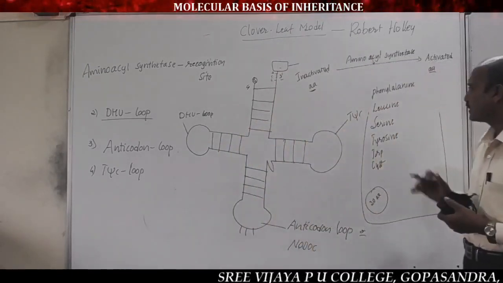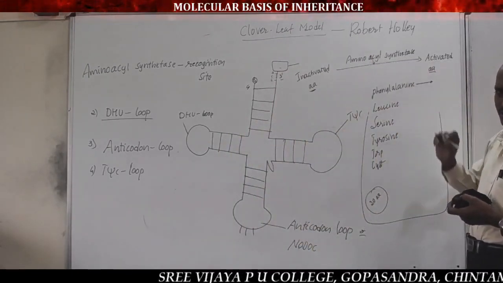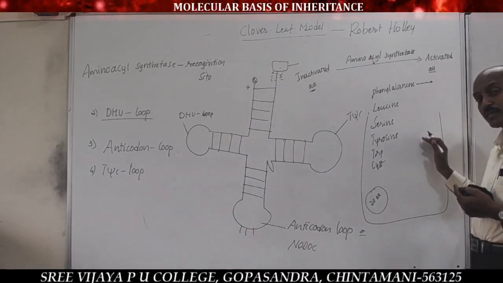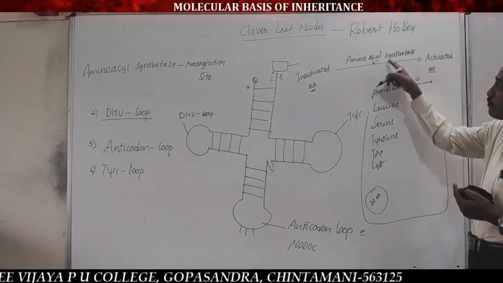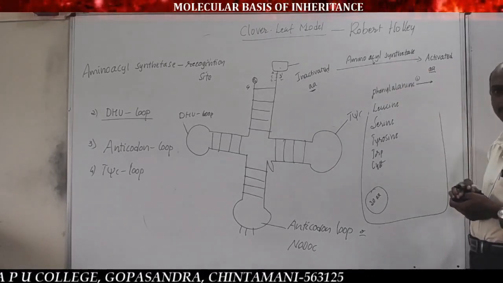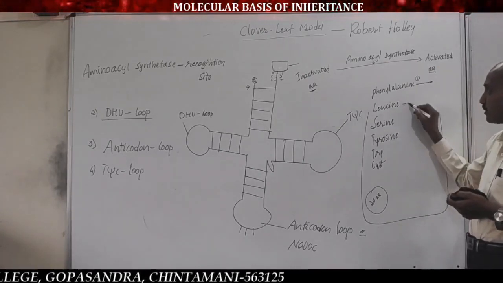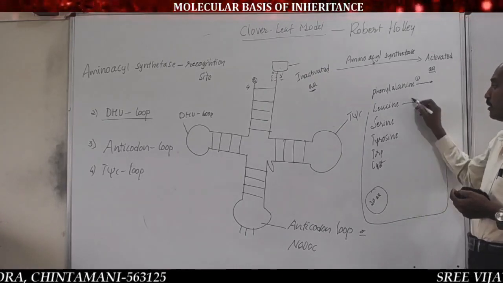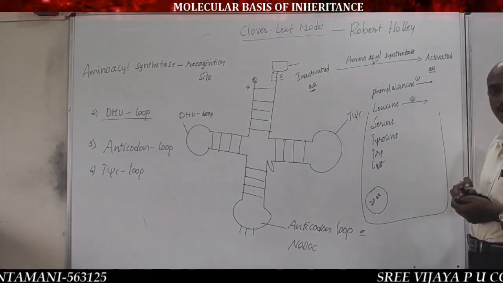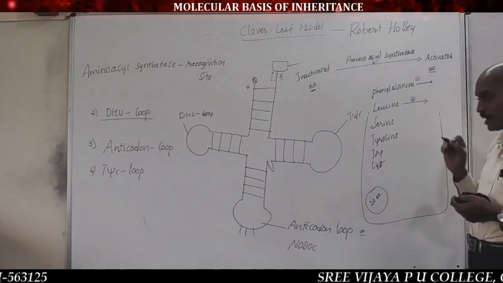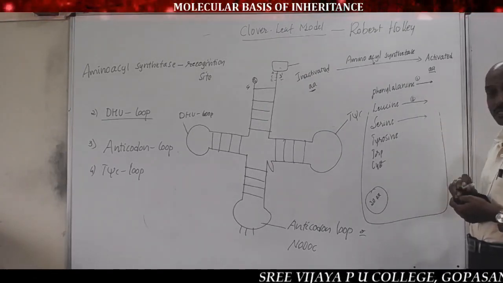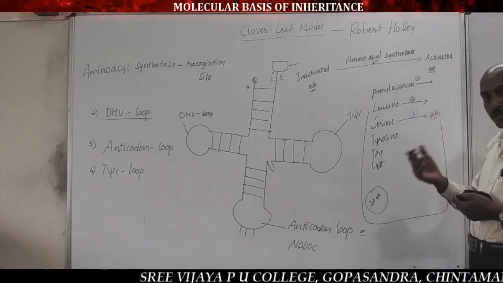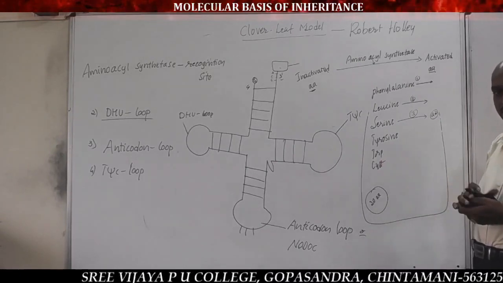See, the inactivated phenylalanine amino acid is converted into activated phenylalanine amino acid in the presence of one type of amino acid synthetase enzyme. Similarly, inactivated leucine is converted into activated leucine by another type of amino acid synthetase enzyme. Like inactivated serine is converted into activated serine by one more type of amino acid synthetase enzyme.